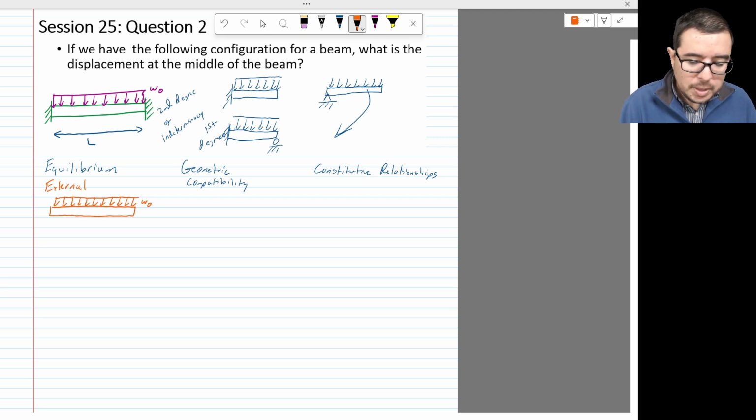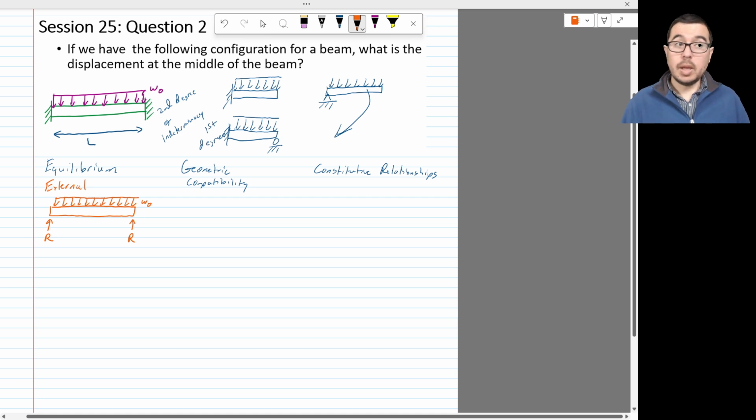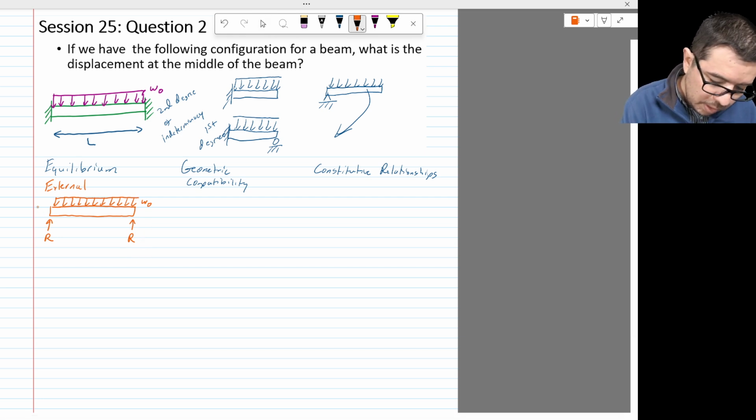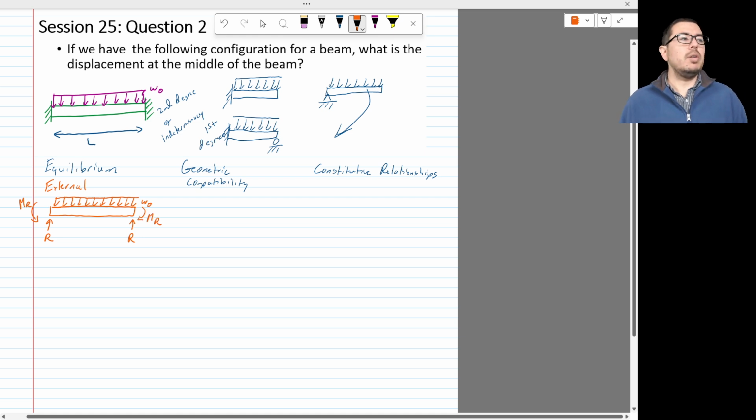It tells me that the reaction load on the left, which I'll call R, and the reaction load on the right, which I'll also call R, are the same. There's nothing happening across here where I would get a different R on the left than on the right, and also we can say that the M sub R, as we'll call it, on both the left and the right, externally acting on this system, are going to be the same as well. So we can put MR on both sides.